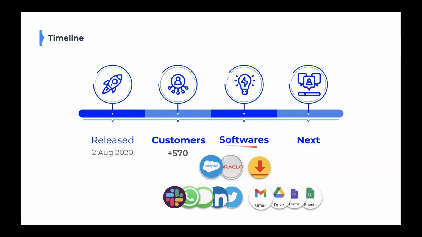And the most popular softwares were Salesforce, Oracle, DocuSign for signatures, Slack, WhatsApp, text messages through SMS, and other social media like LinkedIn, Twitter, Facebook, Instagram. And also all the G Suite platforms, so Gmail, Google Drive, Forms, and Google Sheets as well.